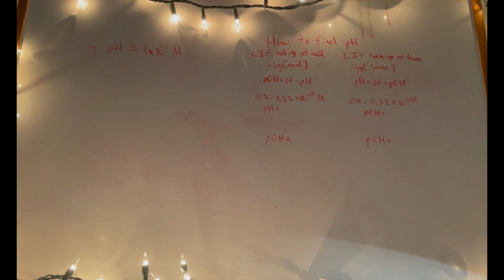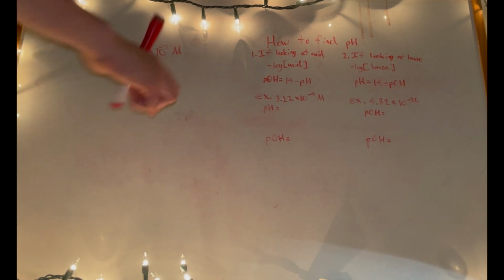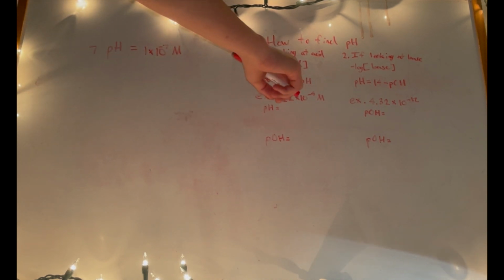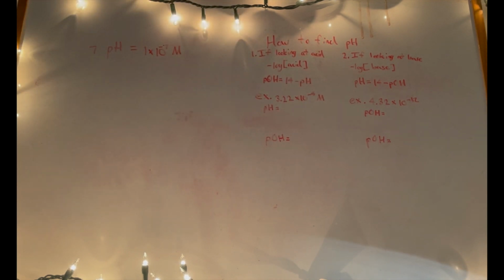So, for example, if we have 3.22 times 10 to the negative 4 molarity, to find the pH, we are just going to go negative log of 3.22 times 10 to the negative 4th, which should give us an answer of 3.492144, repeating.